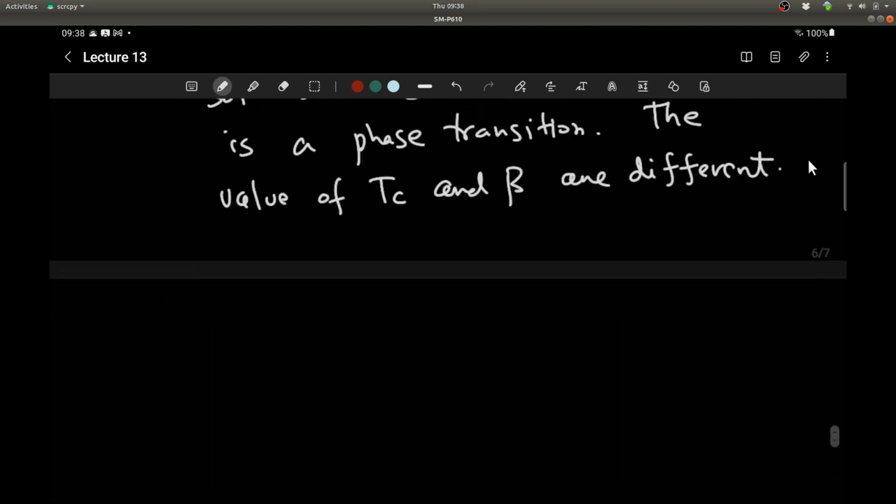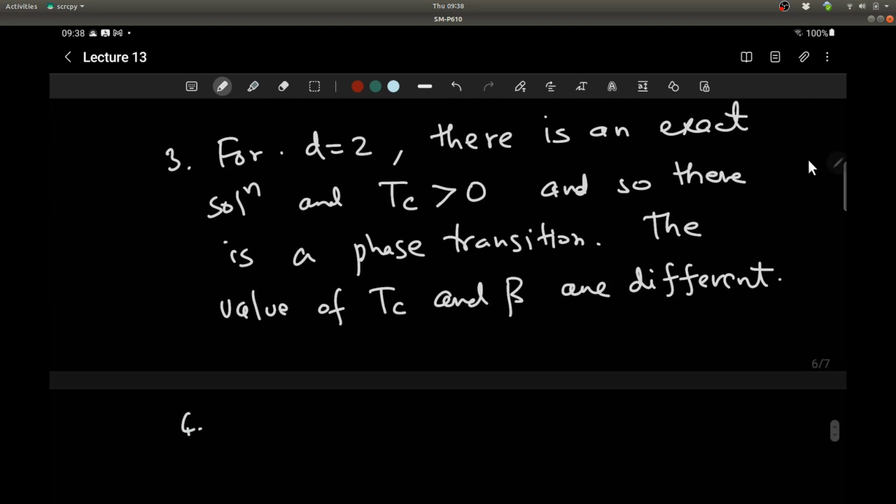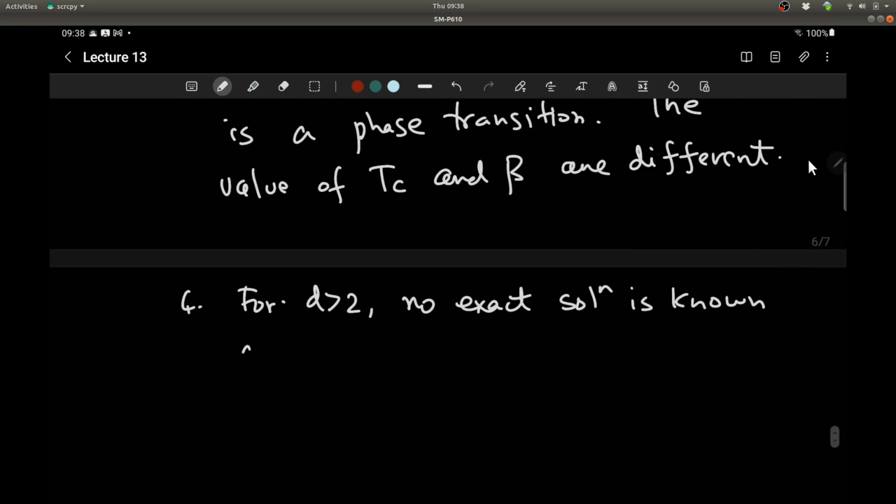But for d equal to 3, no exact solution is known, and this is not expected to exist.